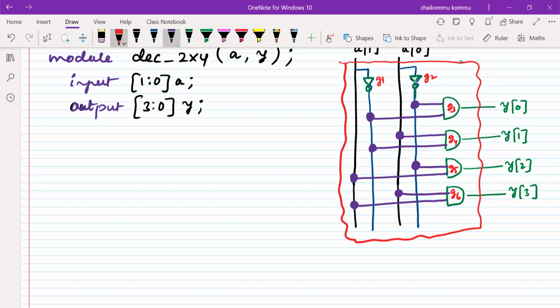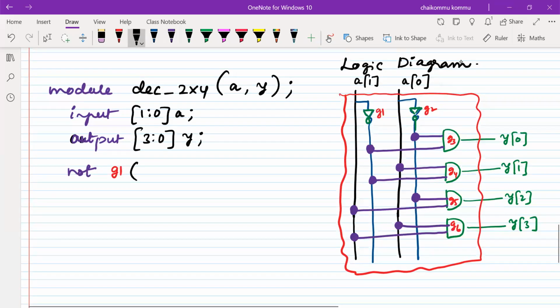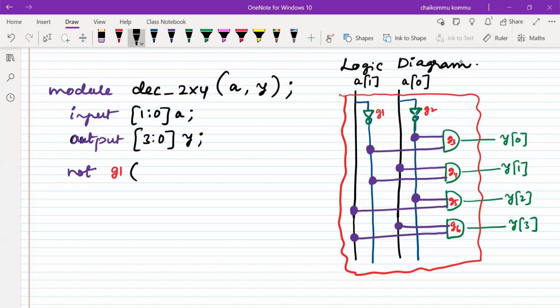First let us write G1. What is G1 here? It is simply a NOT gate. The name of the gate is G1. What is the output for G1? There is no name available for it, so we write the name of this wire as, for example, T1. T1 is my output.